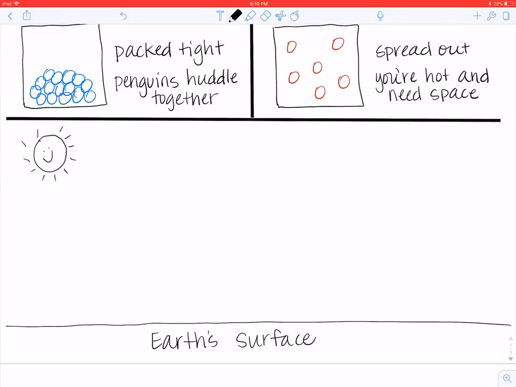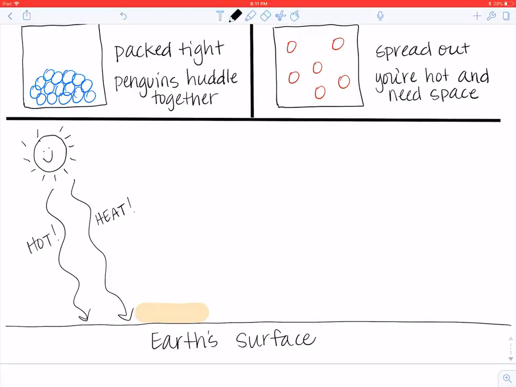Maybe it's a happy sun. What is the sun going to do to the Earth's surface? Excellent. It's going to heat the Earth's surface. It's hot. So now we've got this area here right at the Earth's surface.